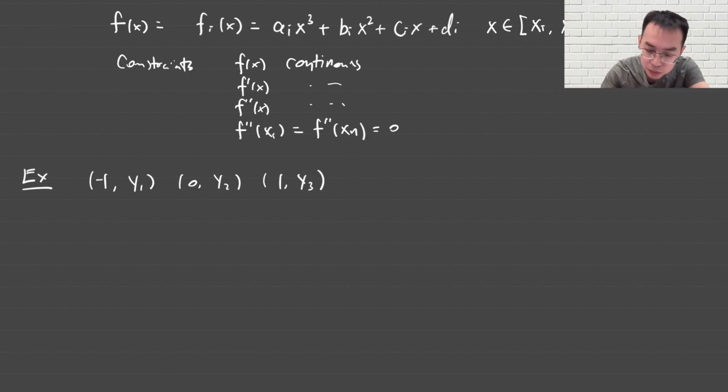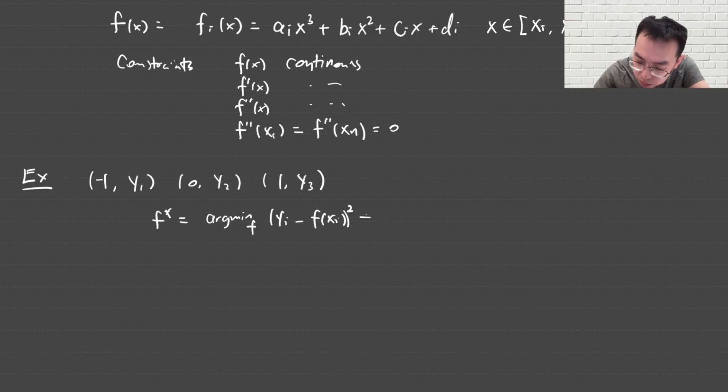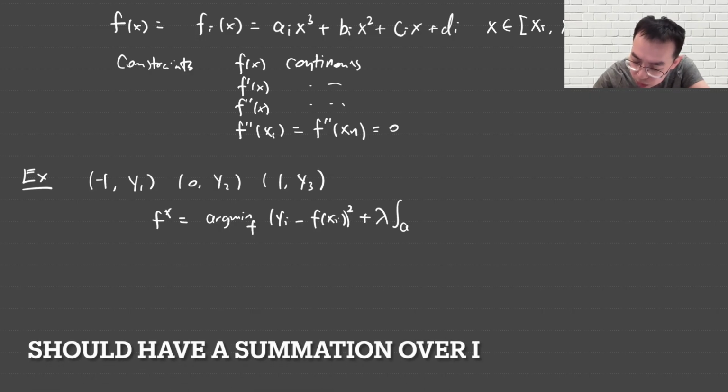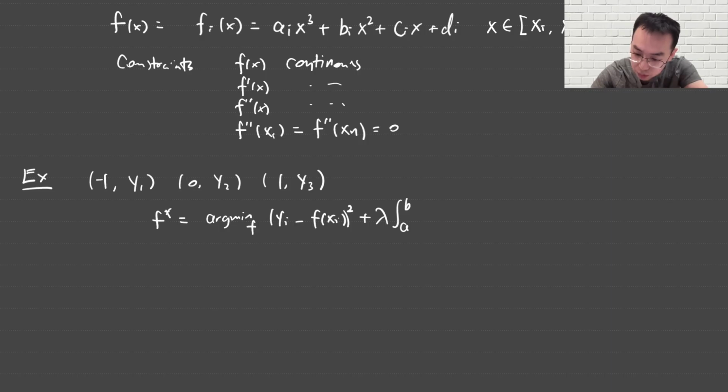And then let me just rewrite the objective function we have. f star is going to be argmin of the sum of (yi minus f of xi) squared plus lambda times the integral from a to b of f prime prime of x squared dx.